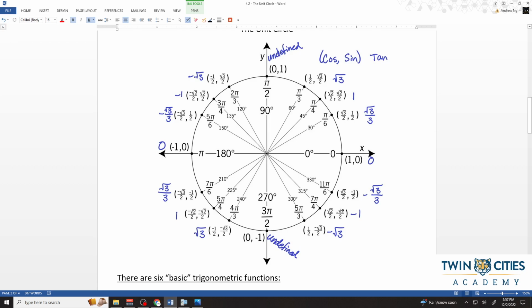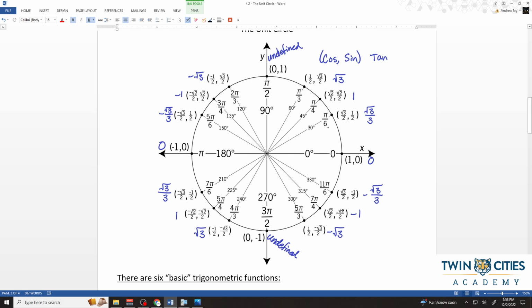You can read the rest here, but there's going to be a lot of √3/2s, a lot of √2/2s, and 1/2s. Each of these points on this circle will create an angle to our initial side, which is going to be our positive x-axis. When I look at this point here, (√3/2, 1/2), this creates a 30-degree angle.